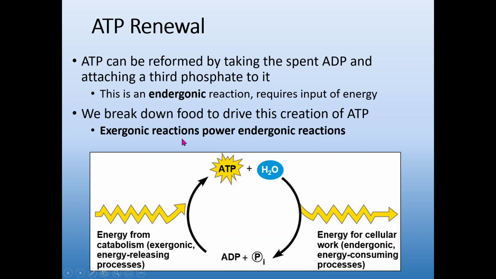So can you make that connection? That we have to break down food, an exergonic reaction, in order to reform the energy we need for our cells. Okay? So it's not actually the energy that we directly get from our food molecules that we're using. We're using that energy to drive a different energy creation reaction.